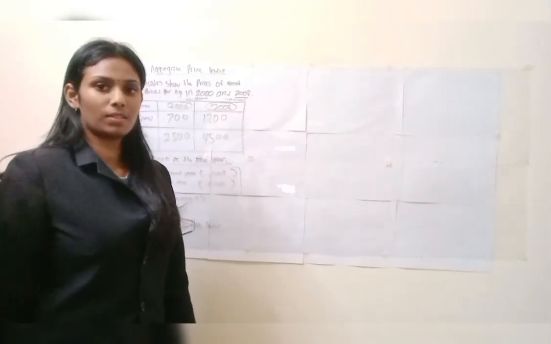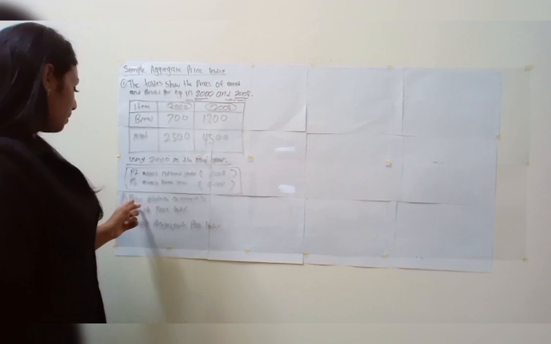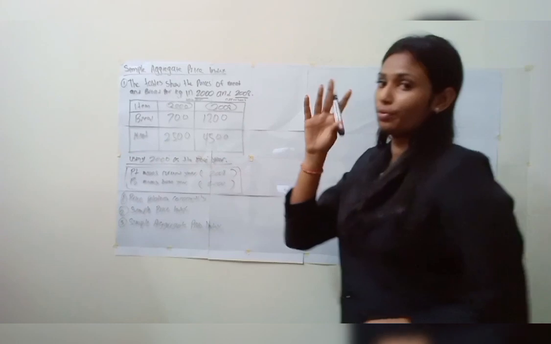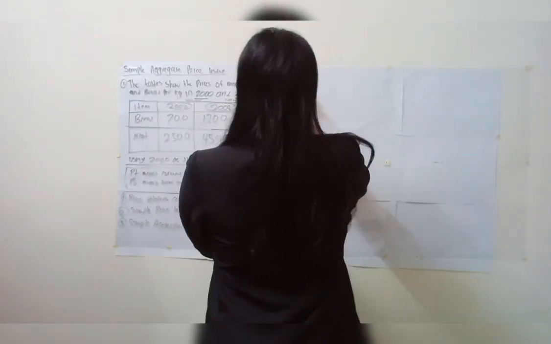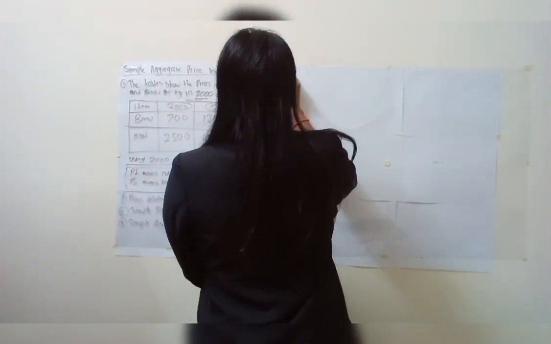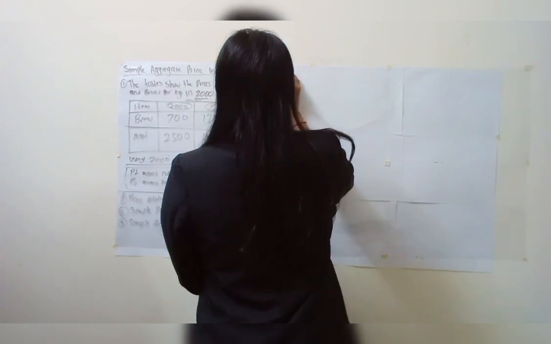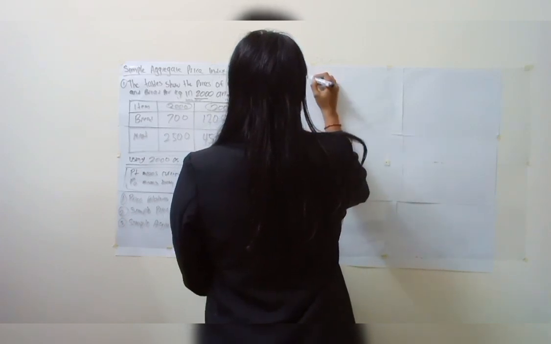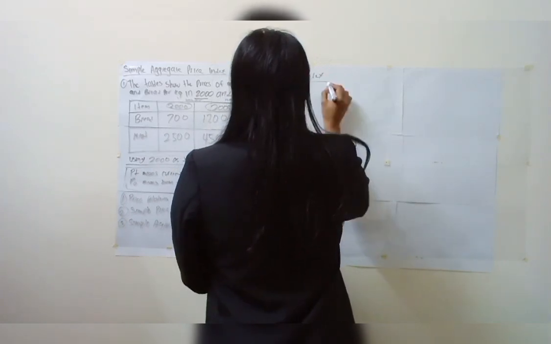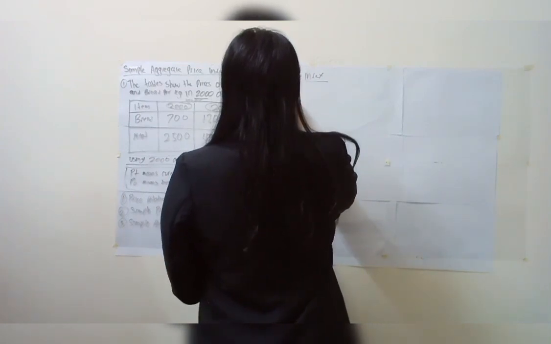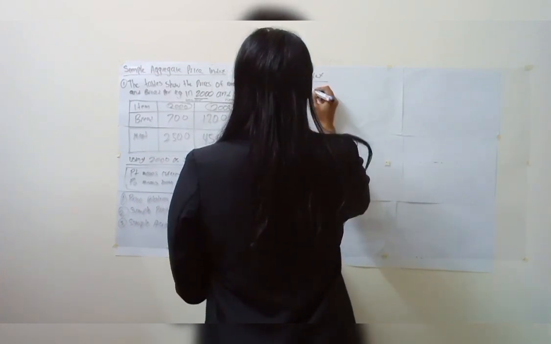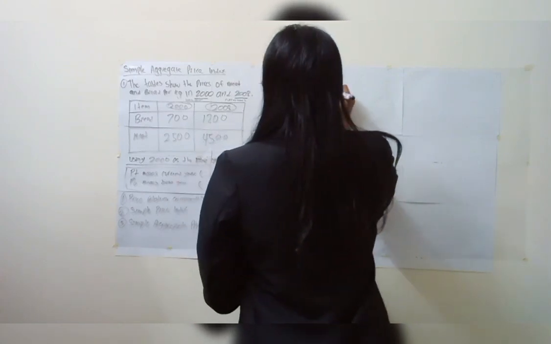Now I'm going to set up the price relative. The formula for this is price relative index equals PT divided by PO times 100.